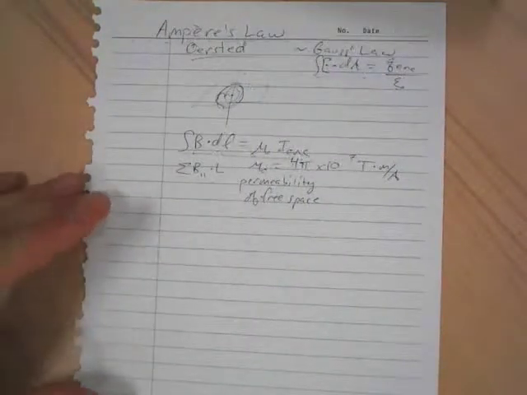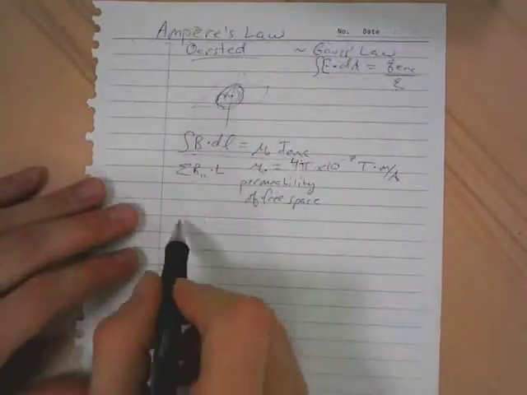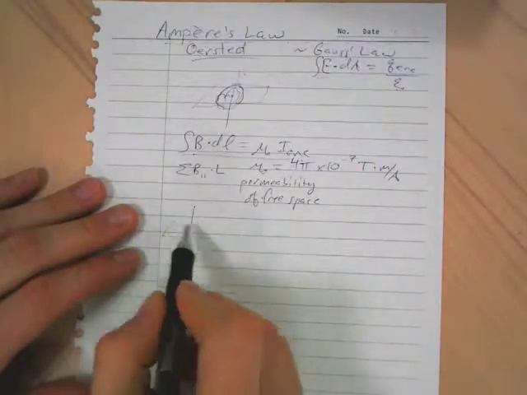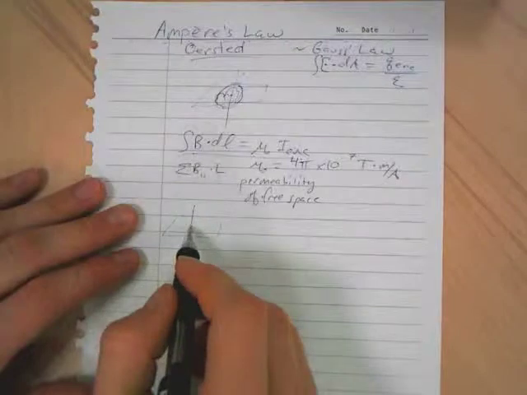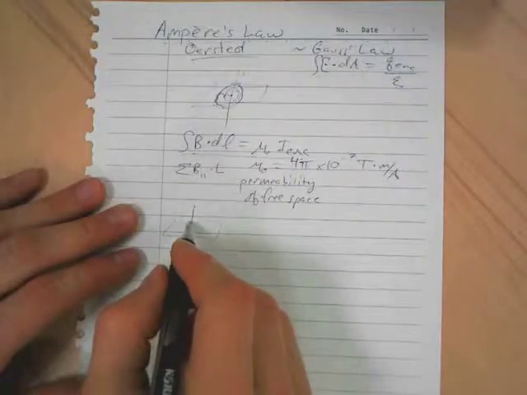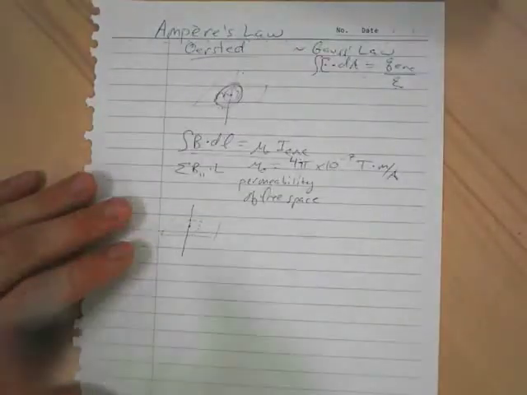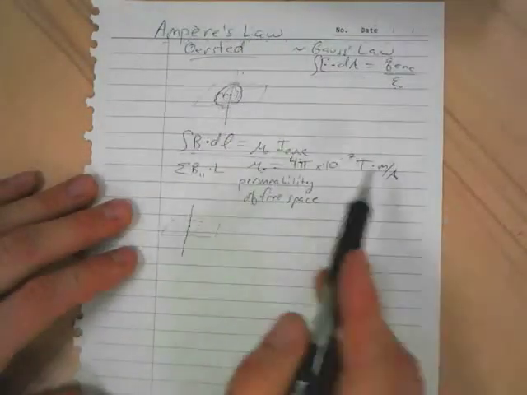And we can figure out the B field of different current distributions based on Ampere's law. So let's take our straight wire, and for our path, we're going to take a circular path around the wire. And I already said the B field curls around the wire.